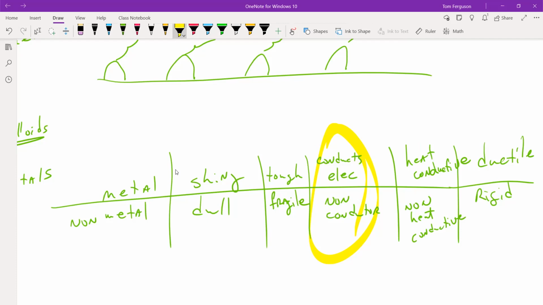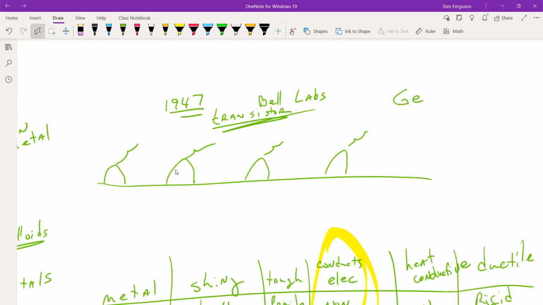And so what happens is, Bell Labs took some germanium, pieces of metal, attached a wire to them, and when you put a plus charge on the wire, the germanium conducts electricity.